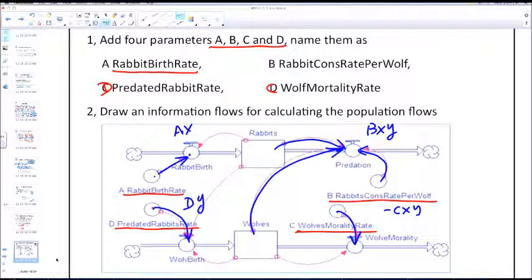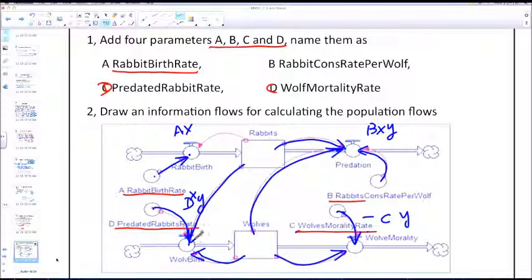That's the C. The death rate only relates to the C, the wolf mortality, and that's the minus CY. Now C is here, Y is here. And this is DXY, Y, X. Now look one more time.